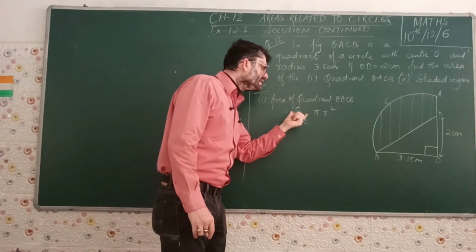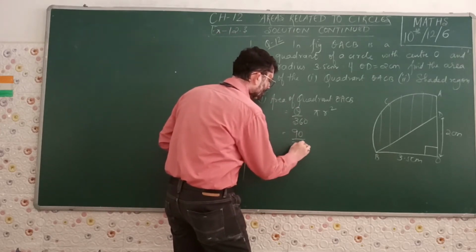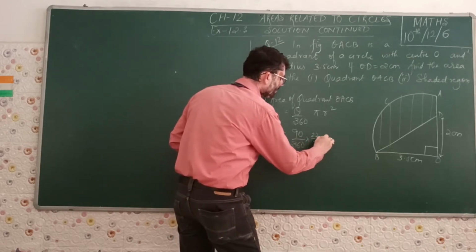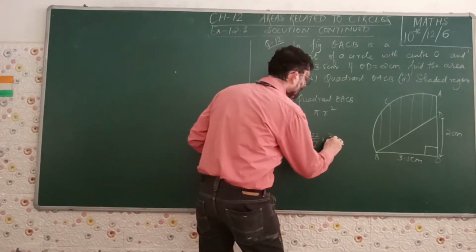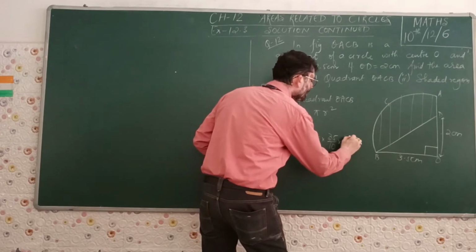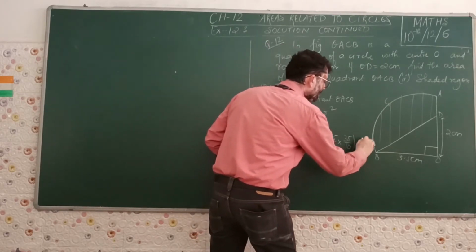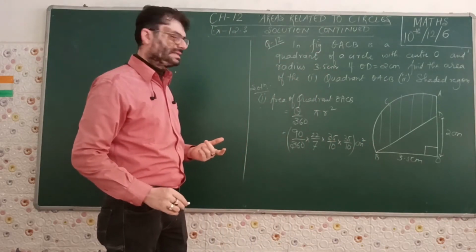Quadrant means the theta is 90 degree. So 90 by 360, substituting the value of pi, say 22 by 7, and radius here is 3.5. You can write this one as 35 by 10 into 35 by 10. The whole on simplification will give me the area of the quadrant OACB.